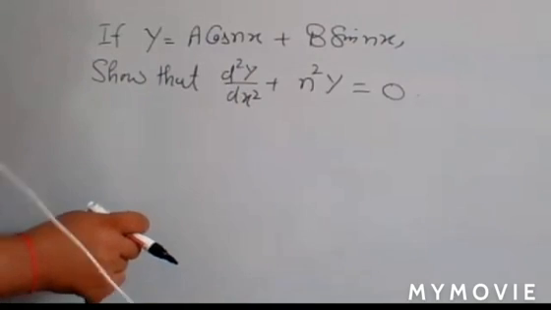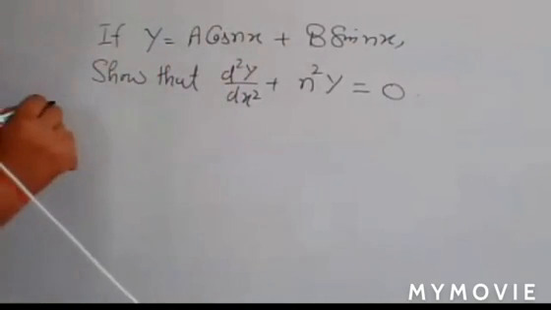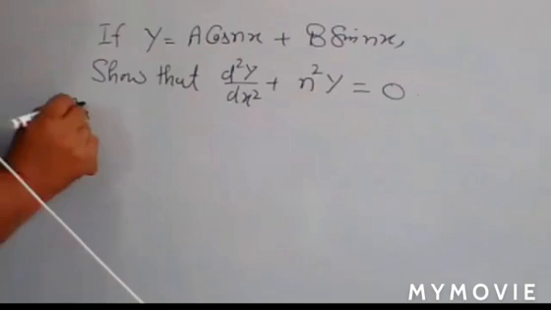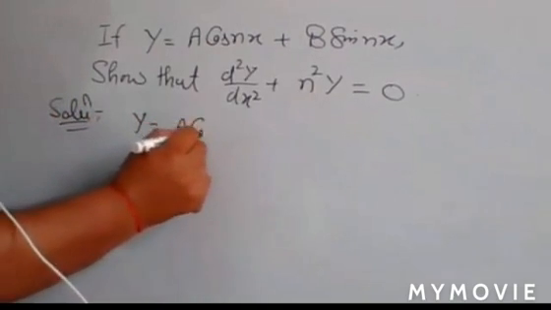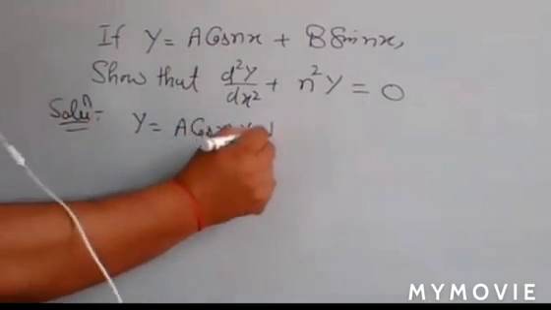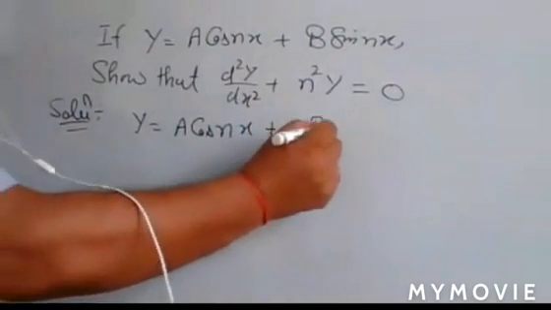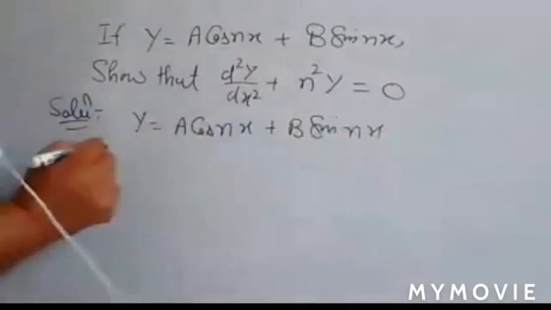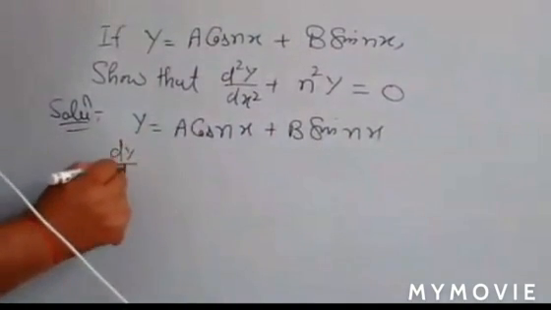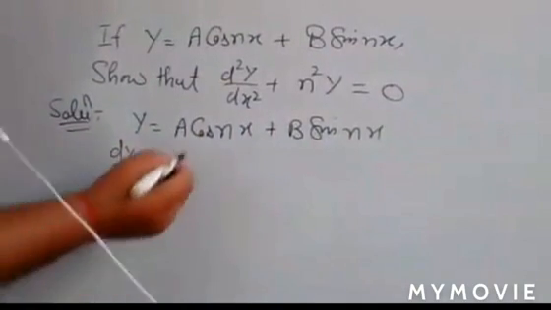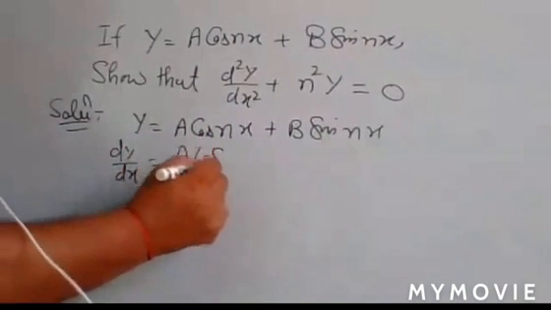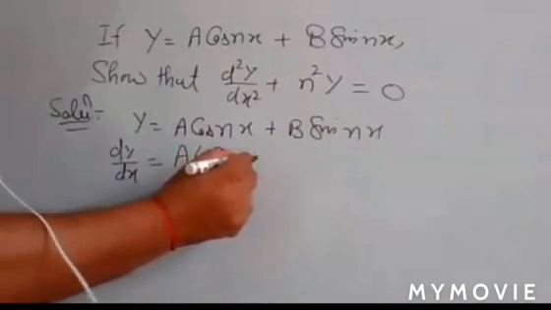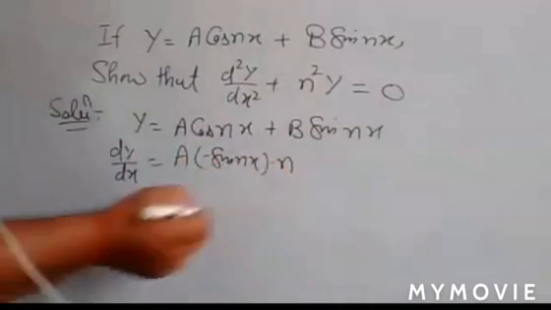Okay, so right, first of all, you write your given equation. y is equal to a cos nx plus b sin nx, and differentiate it. dy by dx is equal to a into minus sin nx into n.